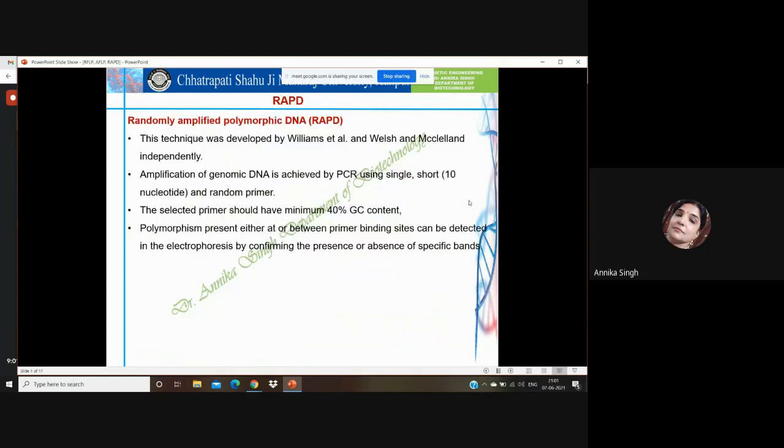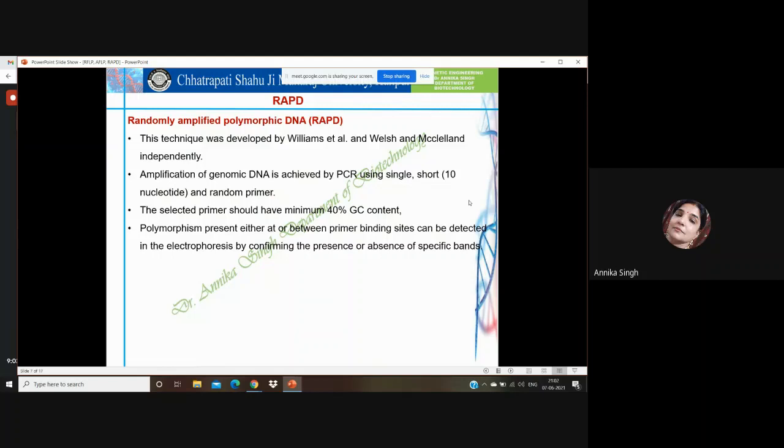So the next topic is RAPD, that is randomly amplified polymorphic DNA. As the name suggests, it is a PCR based marker.